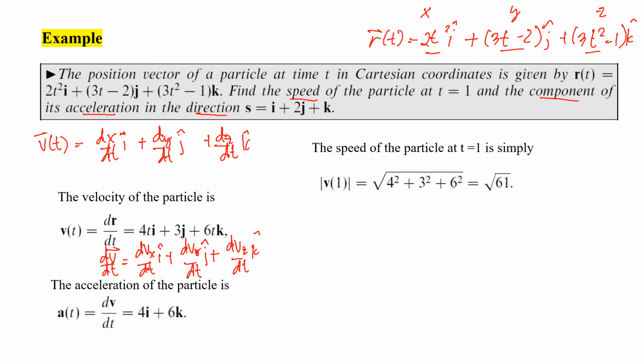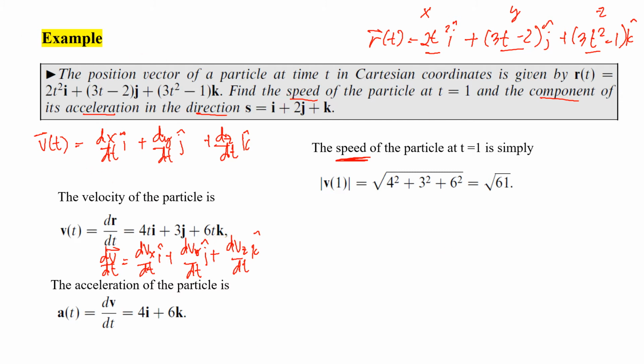When you're asked for the speed, you take the magnitude of your vector, the square root of the sum of the squares, or just the Pythagorean theorem. So your speed at time equals 1 is equal to the square root of 4 squared plus 3 squared plus 6 squared. So that is equal to the square root of 61.